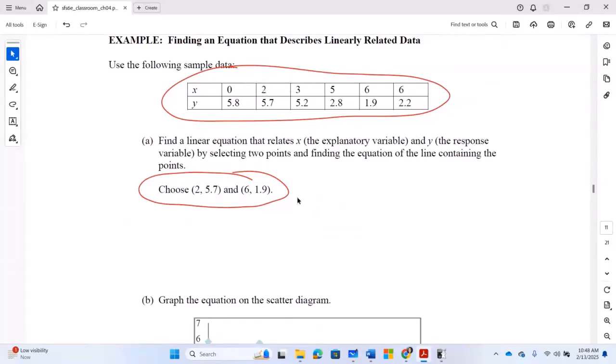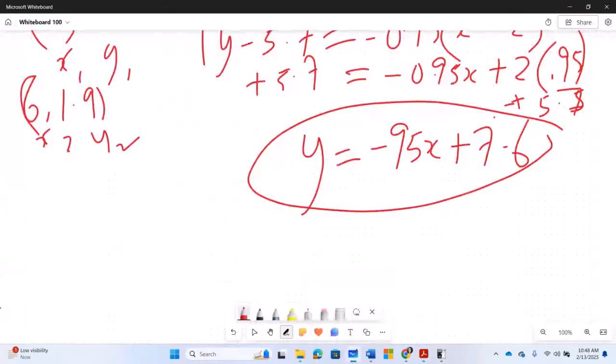Okay, so let me find the residual right now. I want to find the residual for 2. This is how I do it.